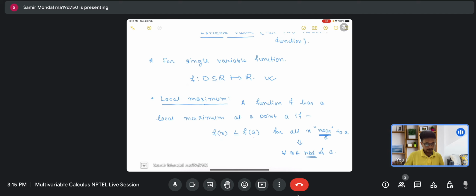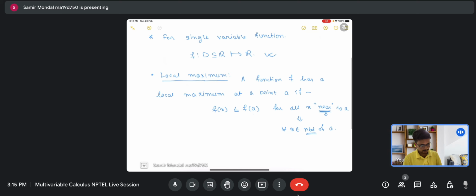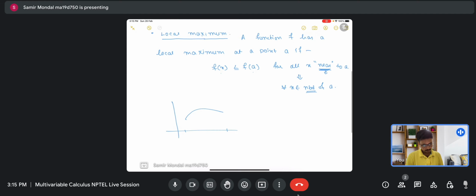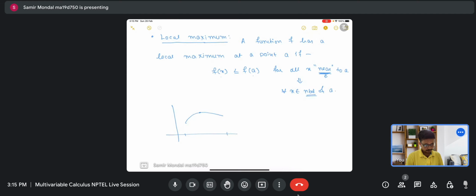It's fine. So we can draw a picture geometrically and observe it. Suppose you have a function like that, and this is your domain. So what is the local maxima? You can observe that this is your maximum point.